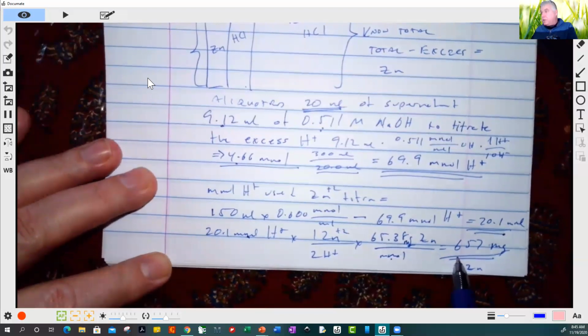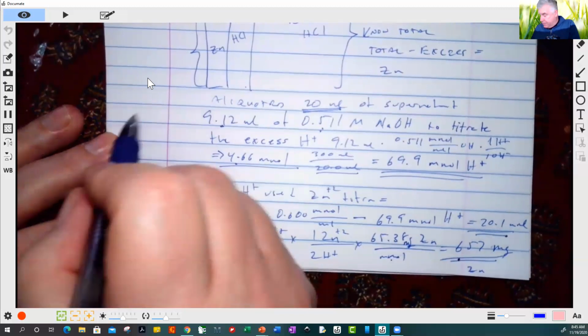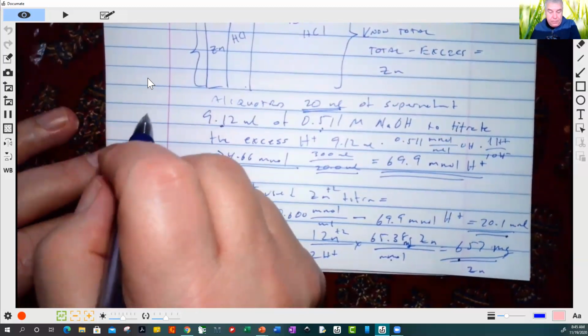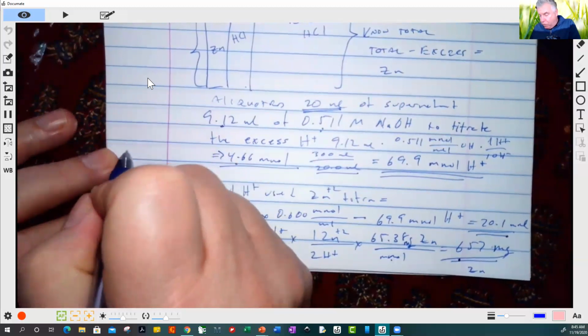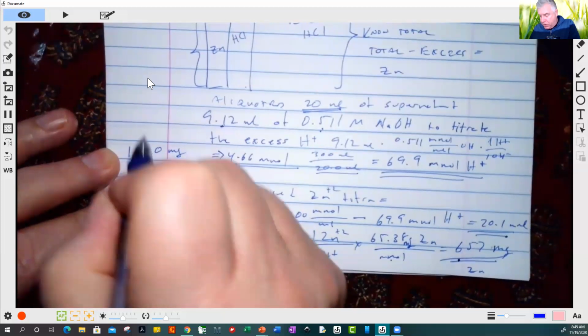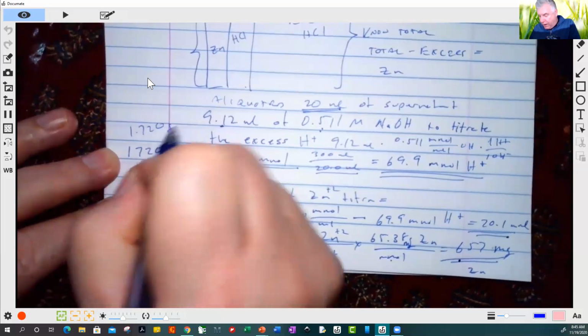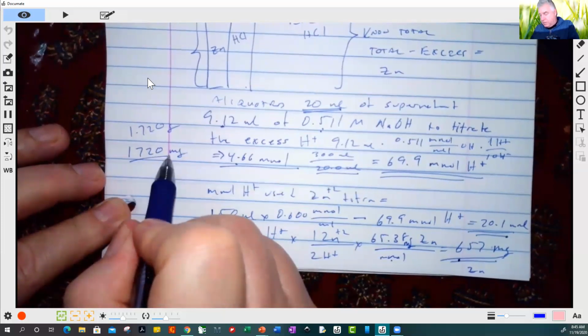And then if we want to calculate the fraction of the original ore, we had 1.720 grams. Multiply that by 1,000, we get 1720 milligrams.